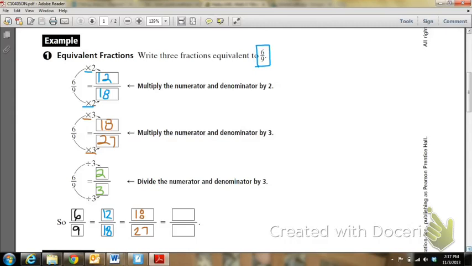And finally, it's equivalent to 2/3. Okay, so those are three equivalent fractions to 6 over 9. They all will reduce down to the same fraction, which happens to be 2/3, because there's no number other than 1 that goes into both 2 and 3. So pause the video and fill those in if you need before moving on to the next example.